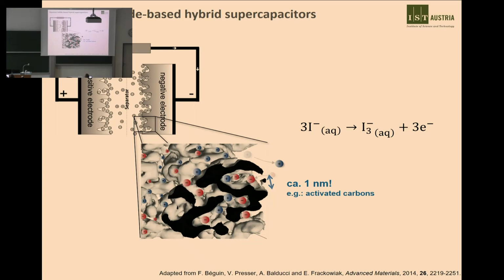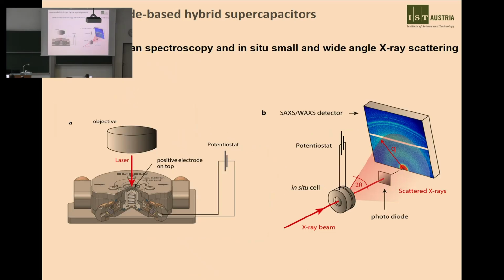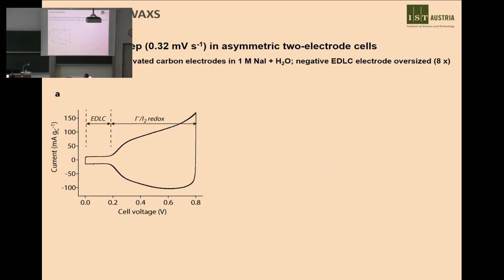So you have redox capacity on top of the pure double layer capacitance. And so this was the thinking, that what you can do is up to the I3 minus. So we took this to both in situ Raman and SAXS, and this is how the electrochemistry looks like. At a certain voltage range you have pure electrochemical capacitance, and then you have redox capacity.